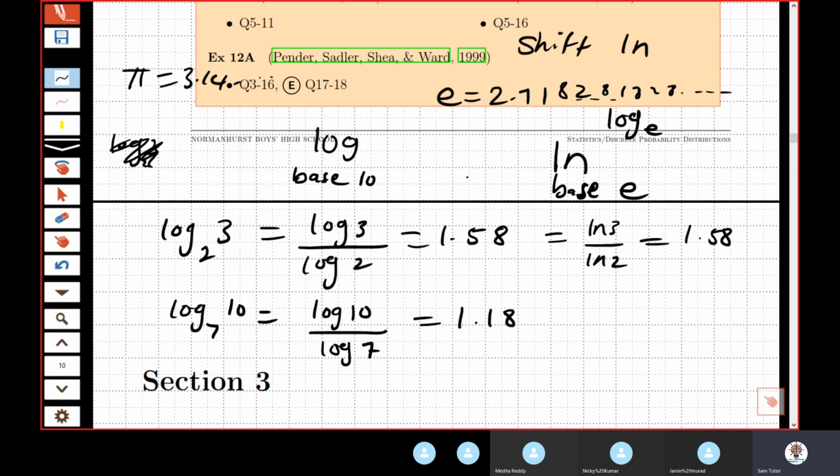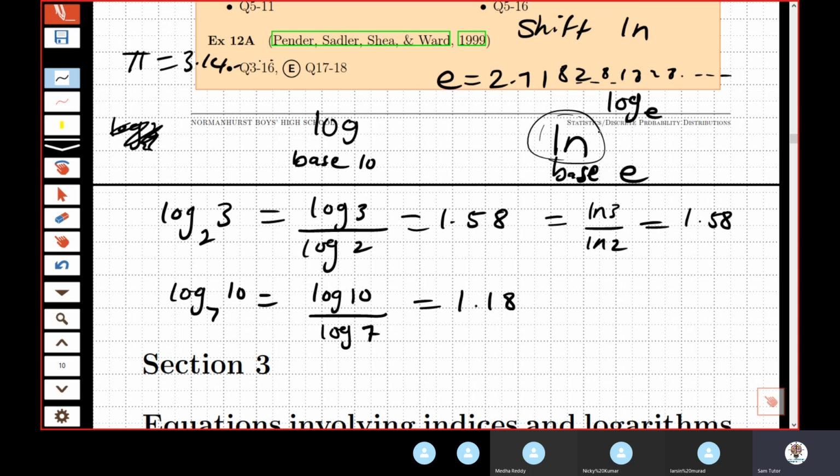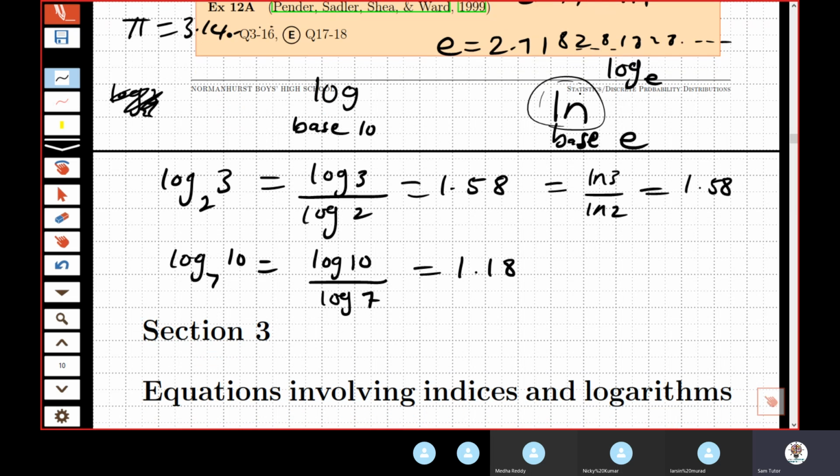The one that's more correct is this one, and you won't need to understand it too much just yet, but it's more correct because of the different base it has. So whenever we talk about logs, we're mainly talking about ln. That's confusing because this actually says log, but that's the log we're talking about.